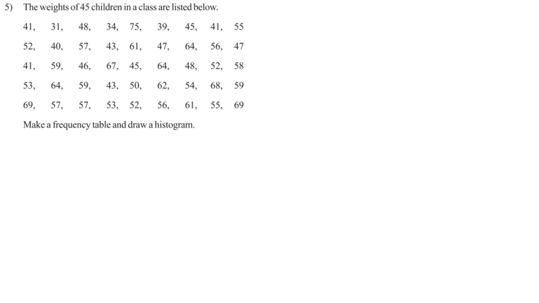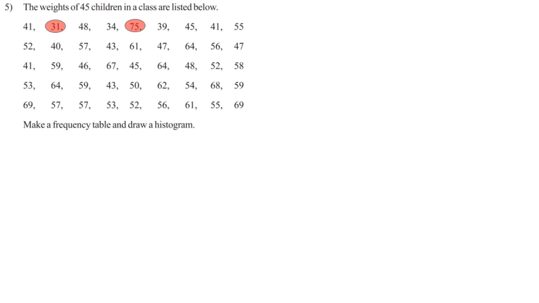Fifth question. The weights of 45 children in a class are listed below. Make a frequency table and draw a histogram. Here let us make the frequency table first. For that, find the heaviest and lowest weight from the given data. You can see here the heaviest is 75 and the lowest is 31.